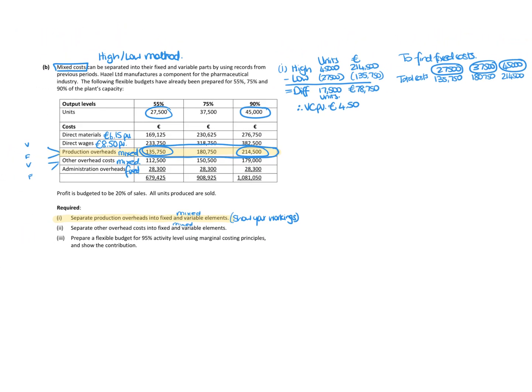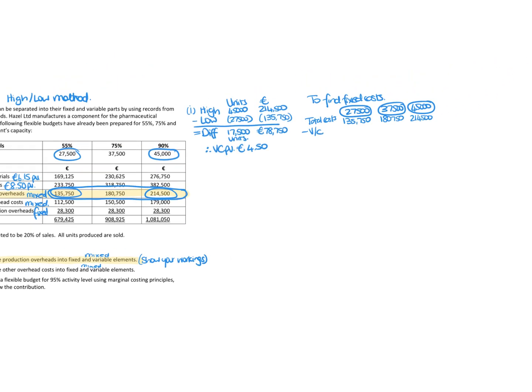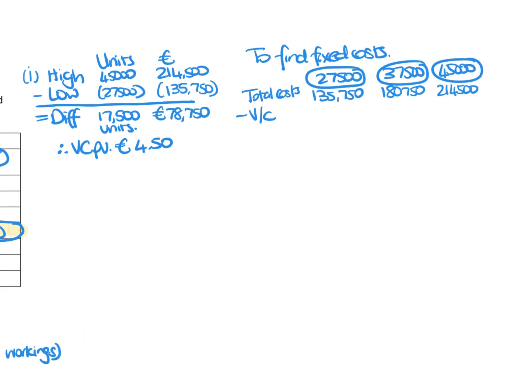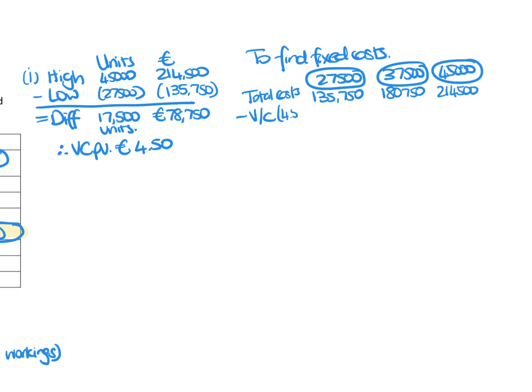Then if we take away the variable costs, so we know that the variable cost per unit is €4.50. If we multiply 27,500 units by €4.50, we're going to get 123,750. If we multiply 37,500 by 4.50, we're going to get 168,750. And if we multiply 45,000 by €4.50, we get 202,500.